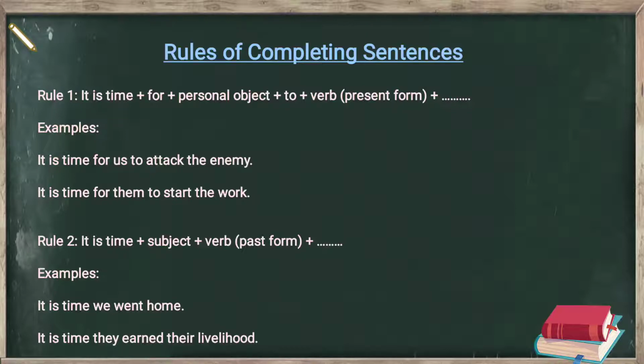Maliha? Okay, good. It is time for us to go to school. Very good. Can anyone create any sentence regarding this rule? Very good. It is time for you to start the work then.